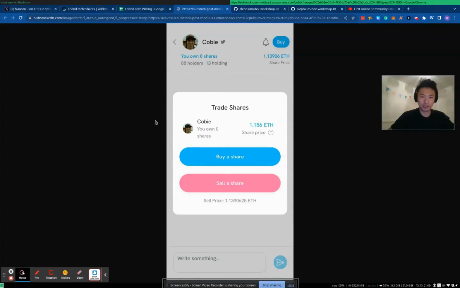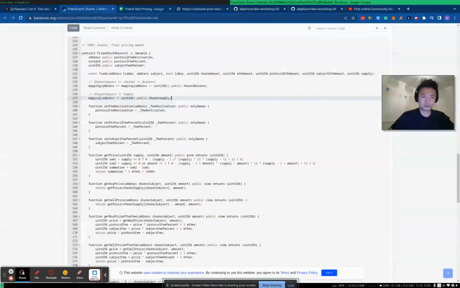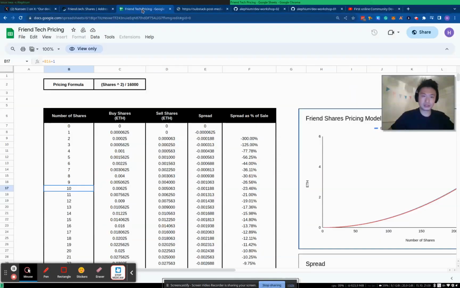Each holder has a balance, right? So this nested mapping represents that. And then you also have a mapping to represent the total outstanding number of shares per subject. So this is important because it can be used to calculate the buy price and sell price according to this table, right?